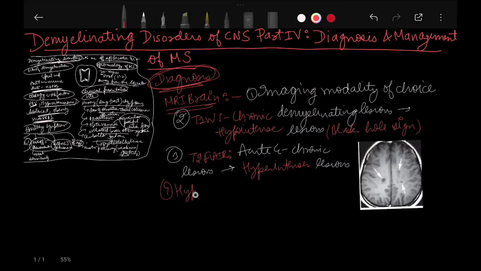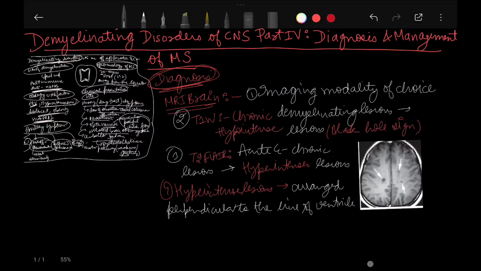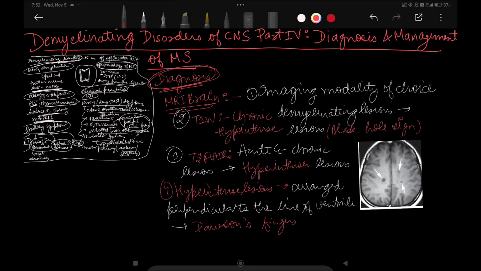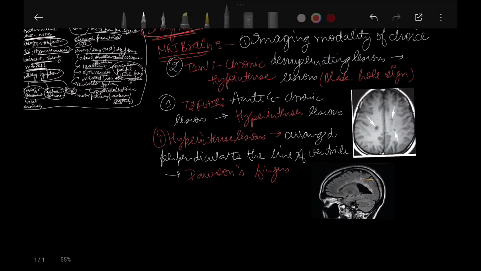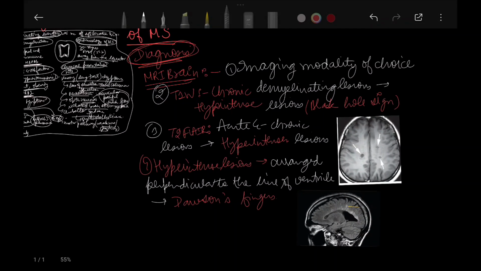Now what are these hyperintense lesions on the MRI of the brain? They are arranged perpendicular to the line of the ventricle, and they are known as Dawson's fingers. This is an image of Dawson's fingers. In the diagnosis of MS, the MRI of the brain is the imaging modality of choice, and T1W lesions are the chronic demyelinating lesions which appear as hypointense lesions, the black hole sign.